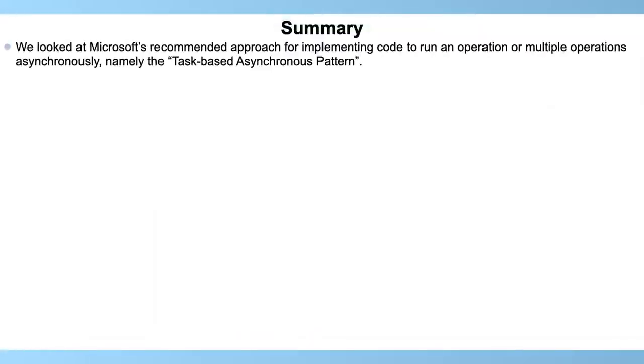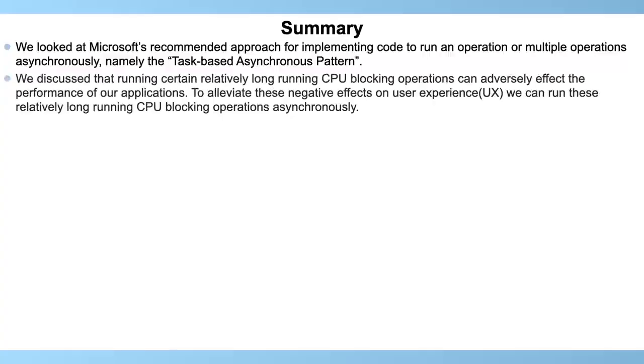So to summarize, in this video series, we looked at Microsoft's recommended approach for implementing code to run an operation or multiple operations asynchronously, namely the task-based asynchronous pattern. We discussed that running certain relatively long-running CPU blocking operations can adversely affect the performance of our applications.